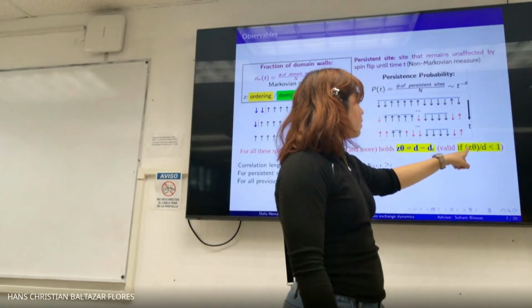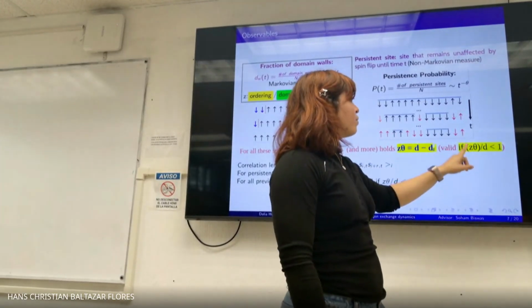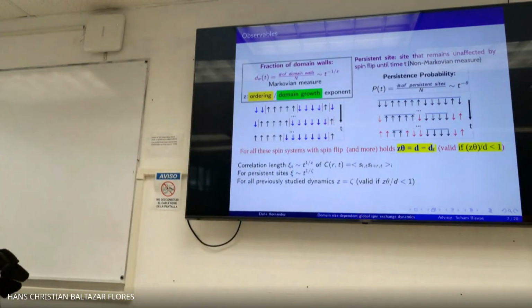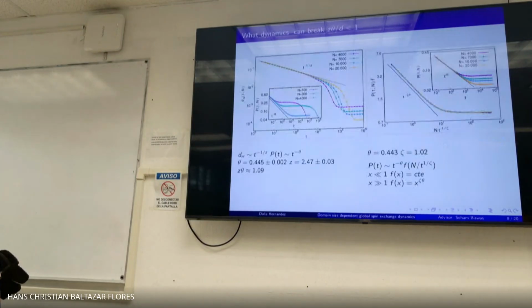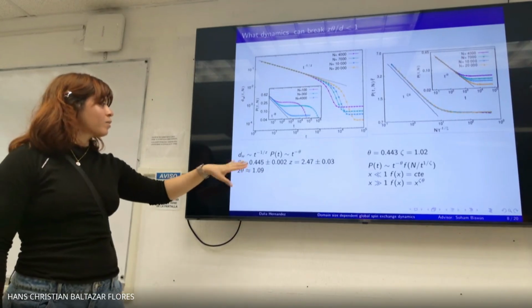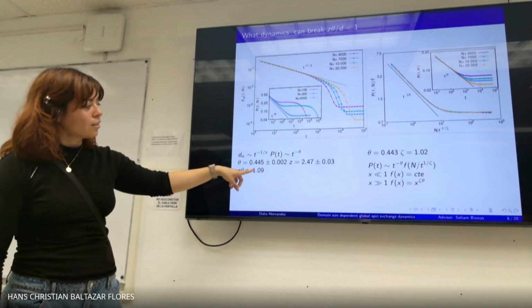We see that with the value of Z we get from the domain walls, this condition is not fulfilled, because we found Z theta approximately equal to 1.09.